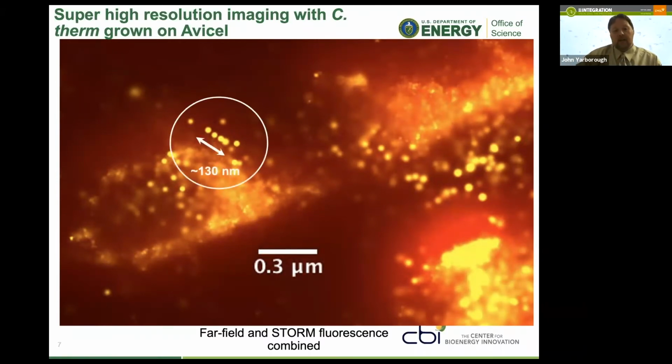And what we see is that here we have a string of 4 spheres, which are separated a total of 130 nanometers. And we have the ability to actually visually separate these fluorescent events. We come over here, we see they're a little further away, 230 nanometers, and we're seeing easily that we're getting 6 nanometer separation beyond the diffraction barrier of light. So this has proved to be a very valuable tool to be able to characterize the distribution of these cellulosomes on the bacterial cell wall.